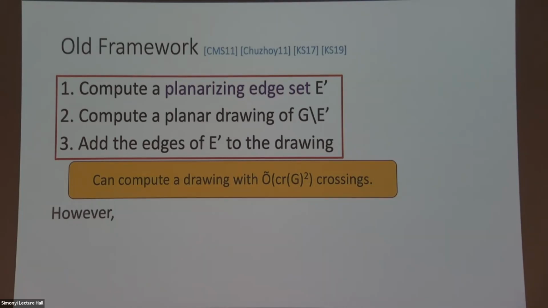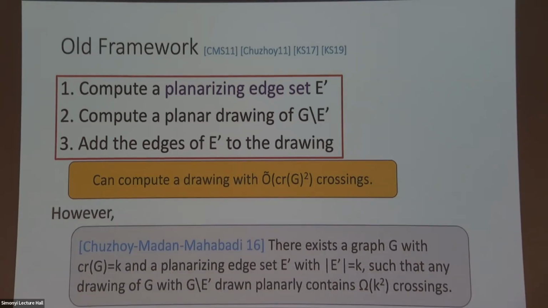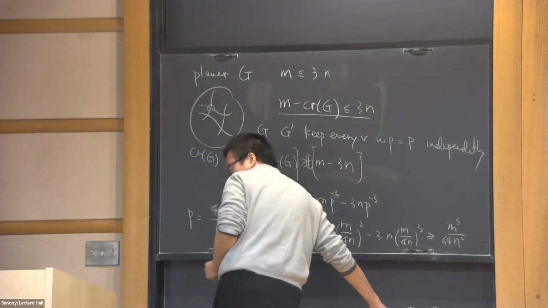What is shown is an example where for every k, there's a graph with crossing number k and a planarizing edge set E prime with just k edges, such that any drawing of the graph that draws the remaining graph in a planar way has to contain at least k squared crossings. So this basically shows that this CRG squared is tight. I'm going to show what this example looks like.